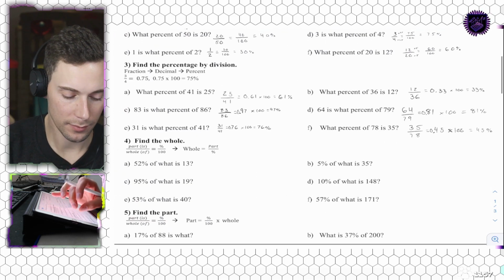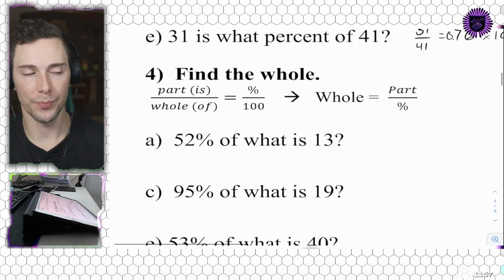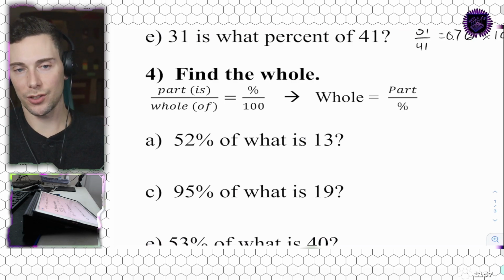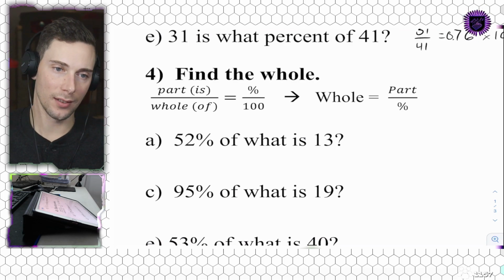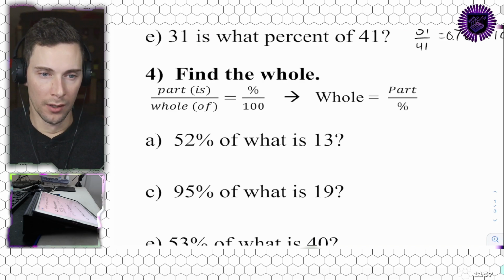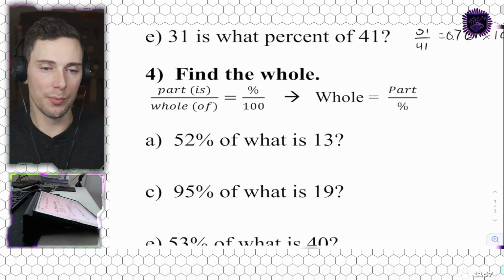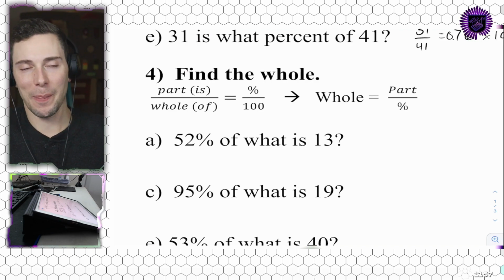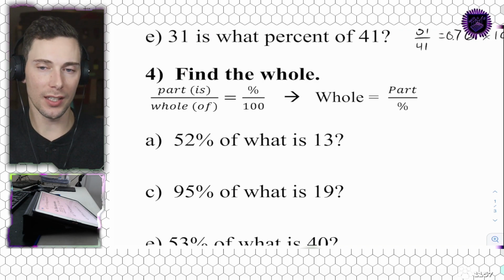That's it. Okay, so now we're trying to find the whole. They're giving us the percentage, and they're giving us the part. 52% of what is 13? 52% of a number is 13. What is that number?